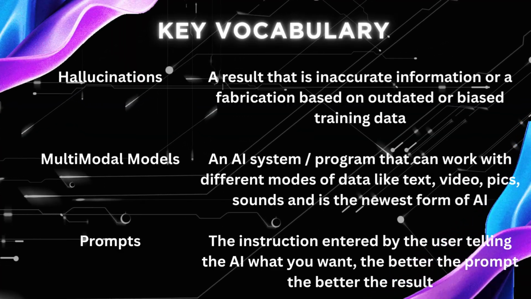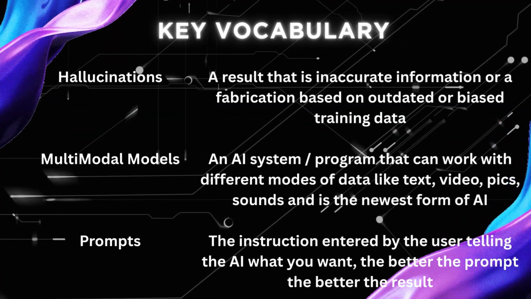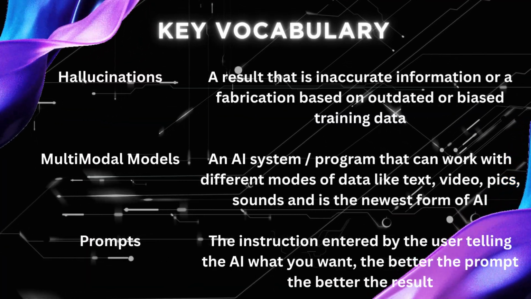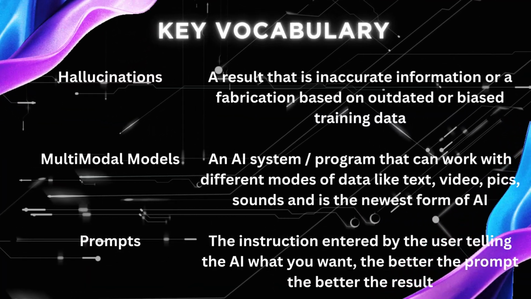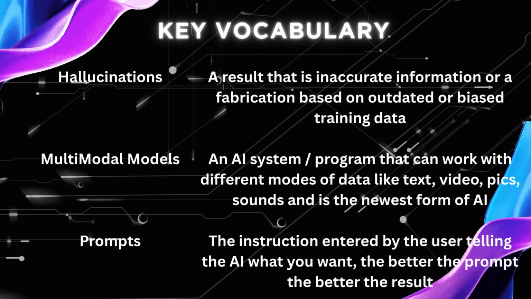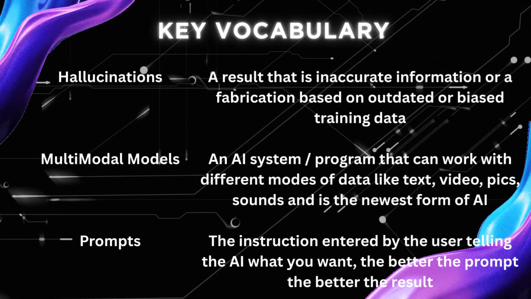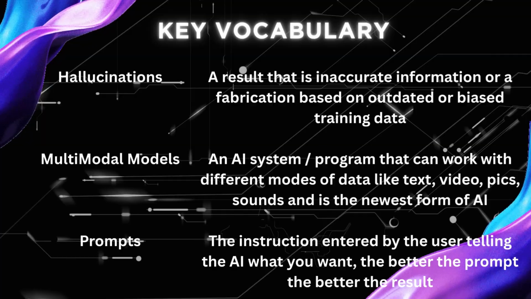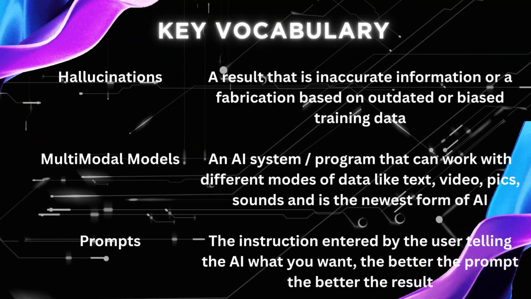Multimodal models are the most recent type of AI tools that can interpret and generate text, images, audio, or video, sometimes all at the same time, depending on the tool. Prompts are the instructions we give the AI. The clearer and more specific the prompt, the better the outcome.